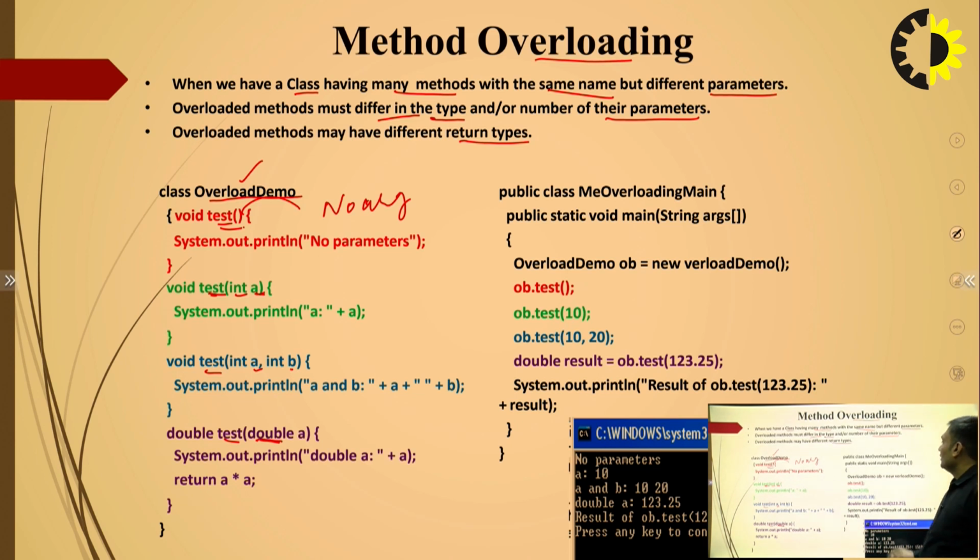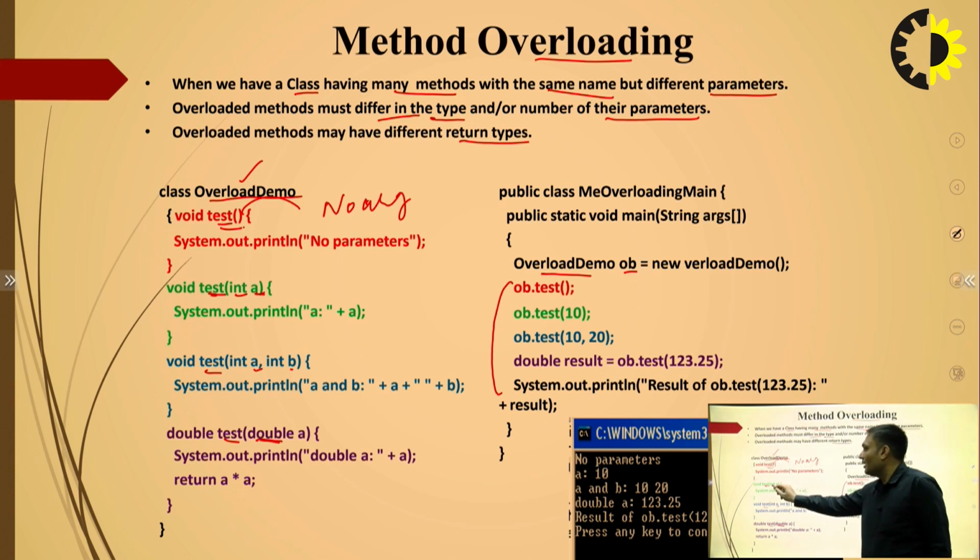So when we access these methods with the object of this class, the compiler will differentiate based on the parameters that are passed inside these methods. So if there is no parameter, this method will be called.